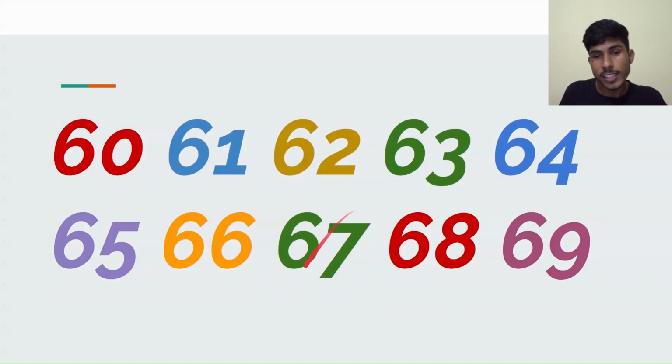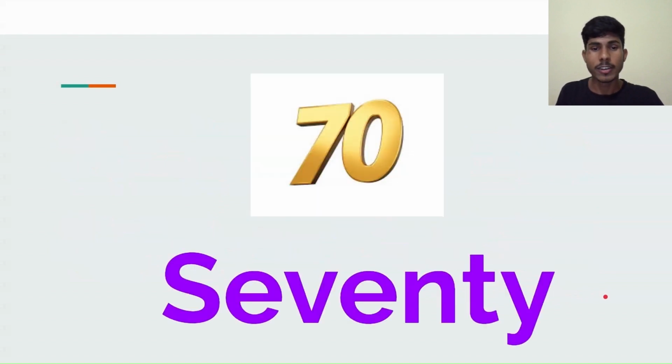You just need to change this 7 to 8 here. You will get 68, and this is 69. Now next comes is very easy this time. Yes, this is 70, because we changed this from 6 to 7, and we changed this from 9 to 0.